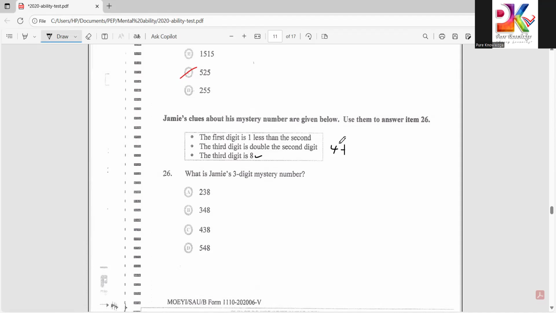So 1 less than 4 will be 3. So the answer right there is 348, because 1 less than 4 is 3.